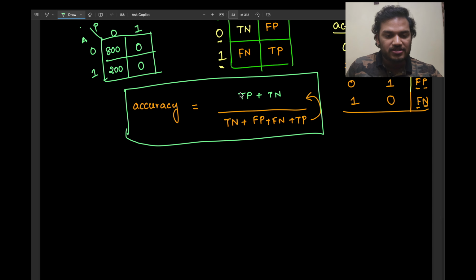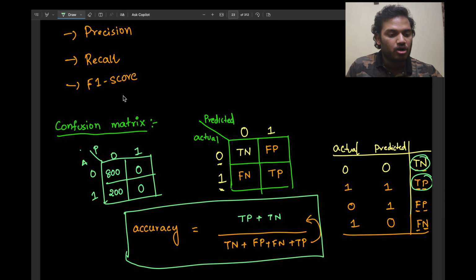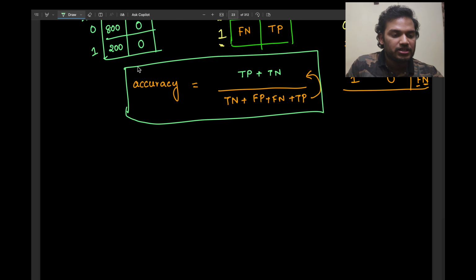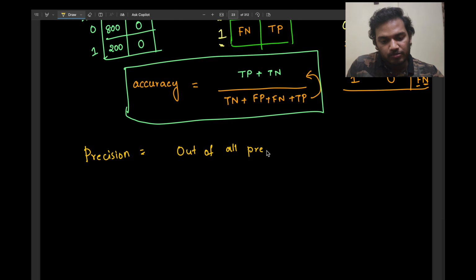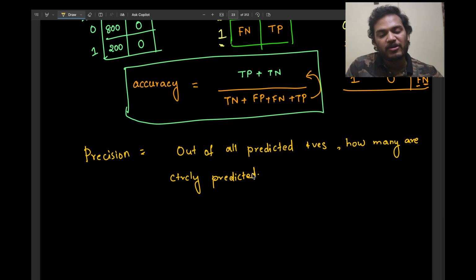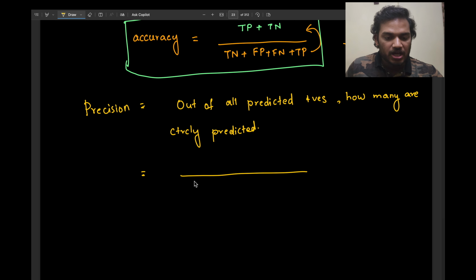Similarly, as I discussed, there are precision, recall, and F1 score. So let's see what precision is. Precision means that out of all predicted positives, how many are correctly predicted. This is the definition of precision. In the denominator, I'll have all predicted positives. And in the numerator, out of all of these predicted positives, how many are correctly predicted.